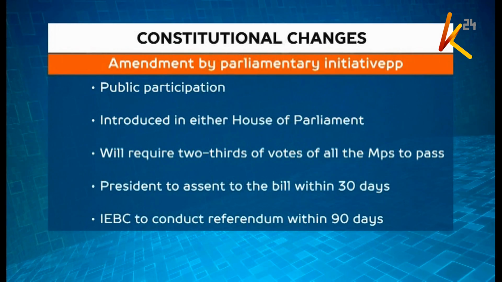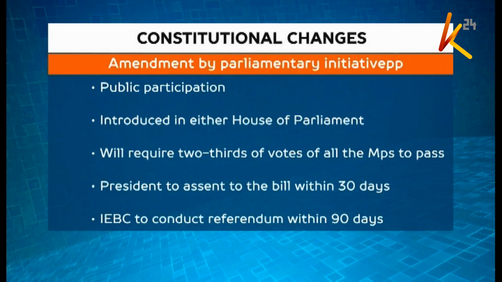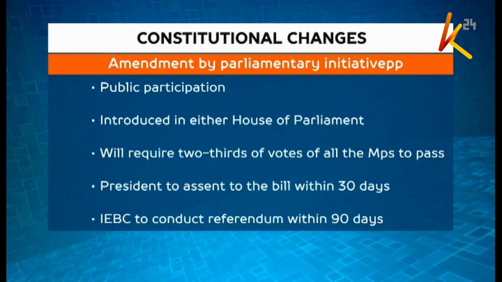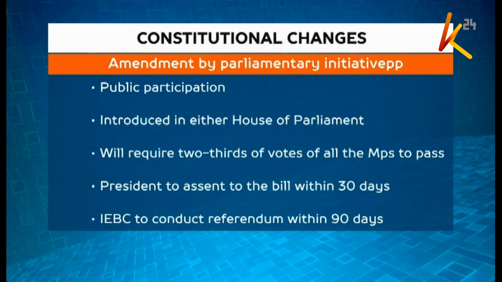You require 25%, not 20%, as is the case in the referendum, 25% of all valid votes cast. Then 25% of all valid votes cast in at least more than half of the counties. If approved by Parliament, the President shall assent to the bill within 30 days before requesting IEBC to conduct a national referendum within another 30 days.